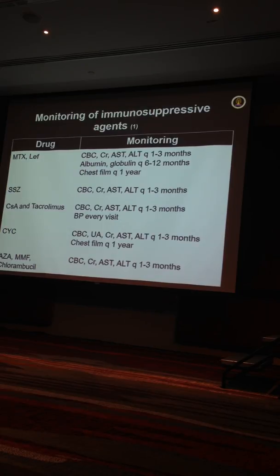So you have to monitor the CBC, the liver function test, and liver synthetic function such as albumin, and chest X-ray, because they may cause interstitial lung fibrosis. Cyclophosphamide can cause hemorrhagic cystitis, so you also have to monitor the urine analysis. Azathioprine, mycophenolate, and chlorambucil have the same monitoring regimen.